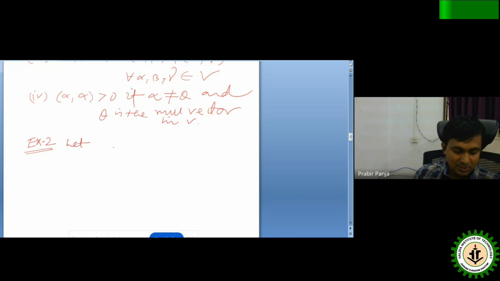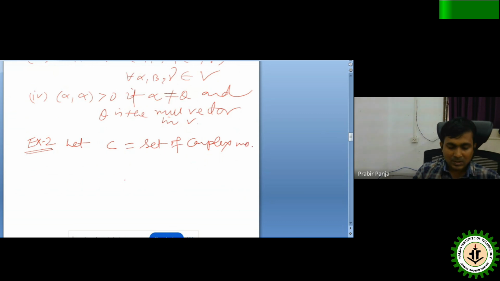Let C be the set of complex numbers, and we are defining an n-dimensional Cn this way: Z1, Z2, dot, Zn, where each Zi belongs to the complex number set.